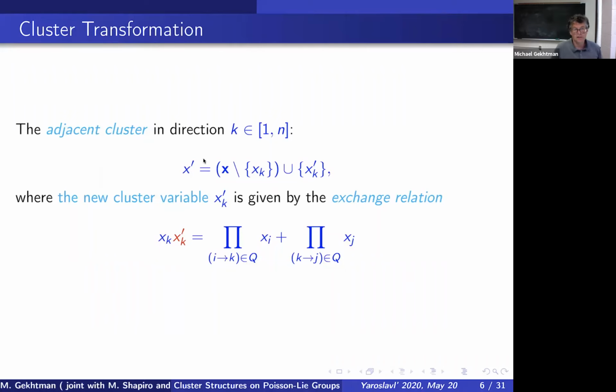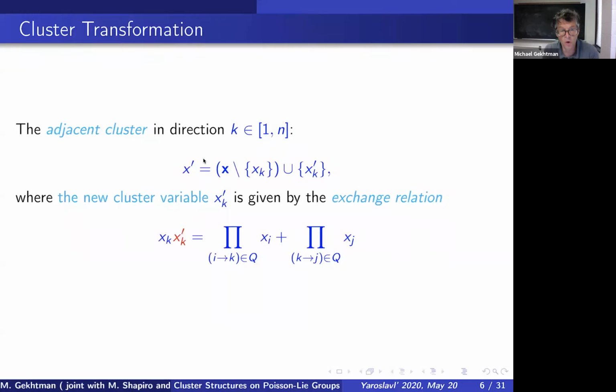So we have two coordinate systems, and we'll call them adjacent if they're almost the same, if they differ just in a single variable. So I will take one variable away and replace it with a new one. I took away xk and replaced it with xk prime, and they are related by this identity.